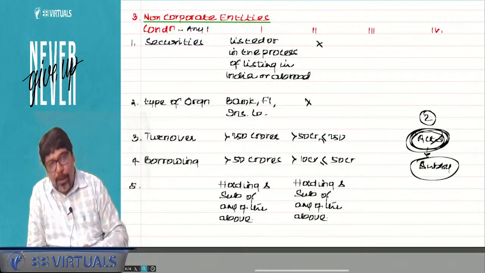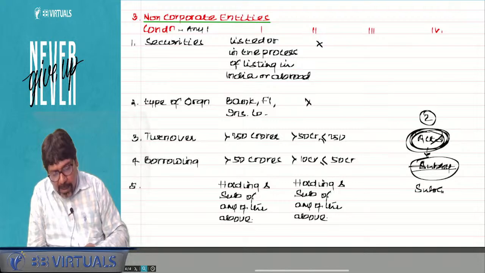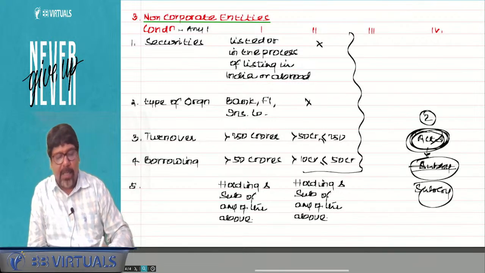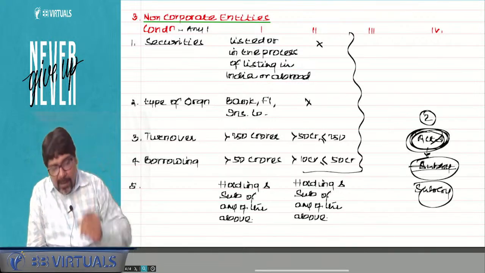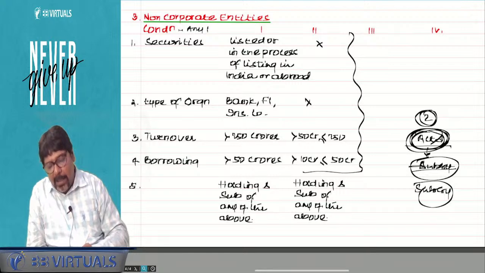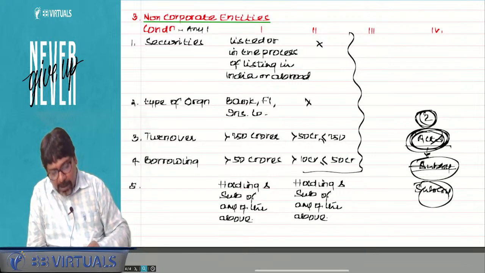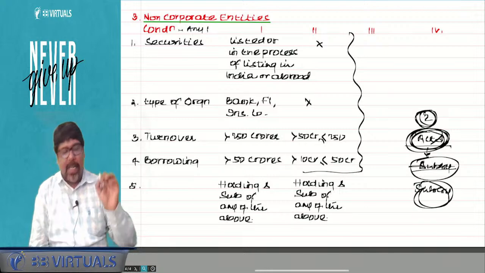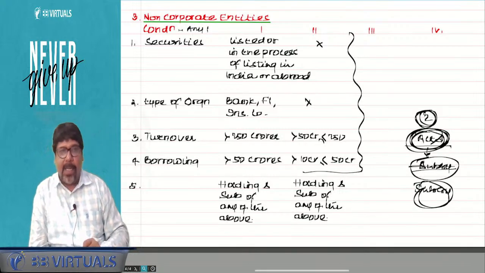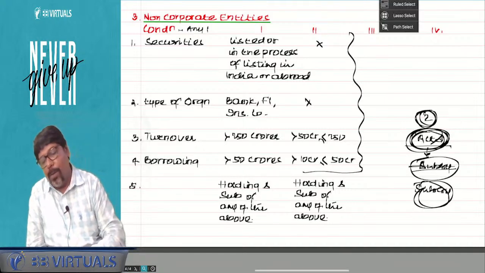If A is level 2, there is a subsidiary of A which has not satisfied any of the first 4 conditions, it has not satisfied any conditions of level 2. But since it is a subsidiary of A Limited, it will be considered level 2.